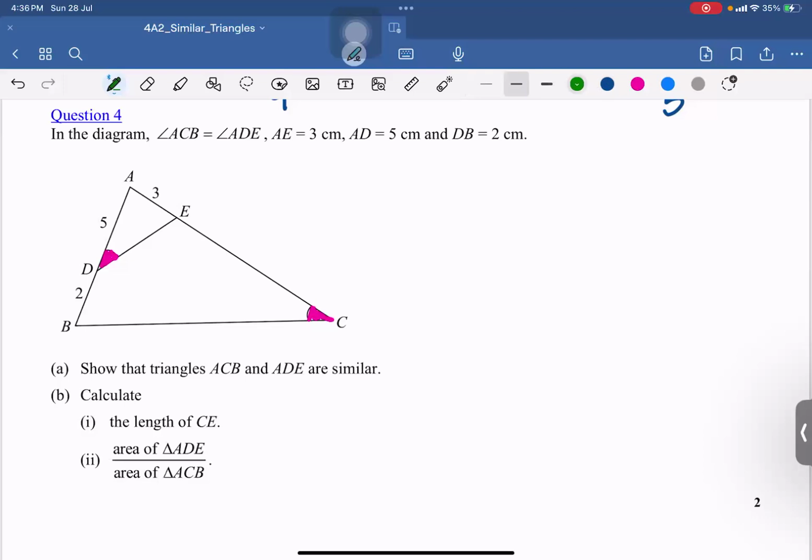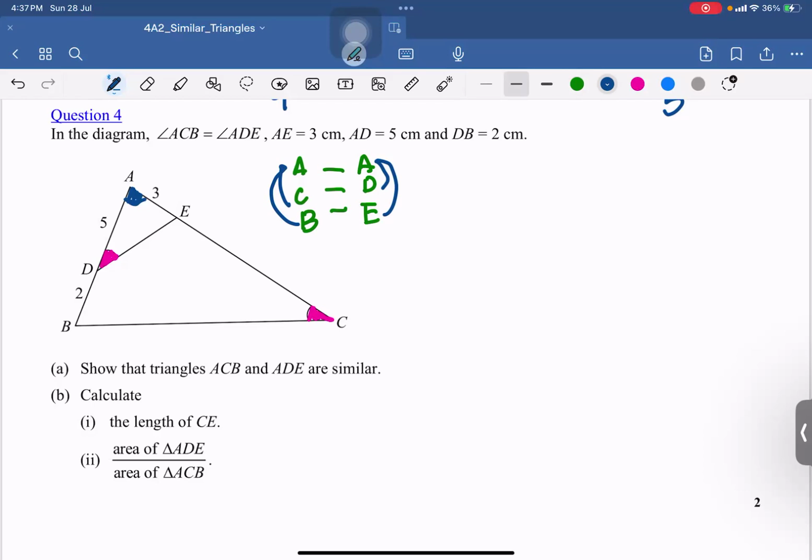So even before we begin, let me try to match the side AC and B, the bigger triangle, to match with AD and E. Okay, let's look at angle A, angle BAC. BAC is over here. And angle EAD, EAD, also the same angle.